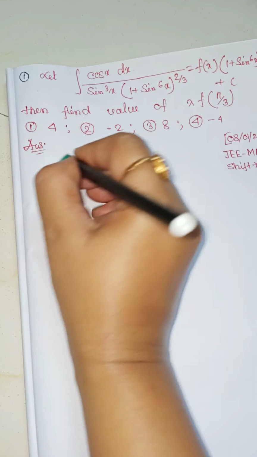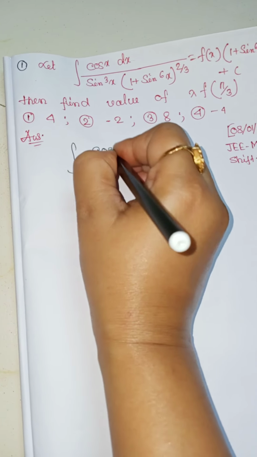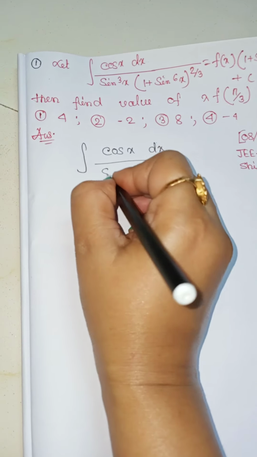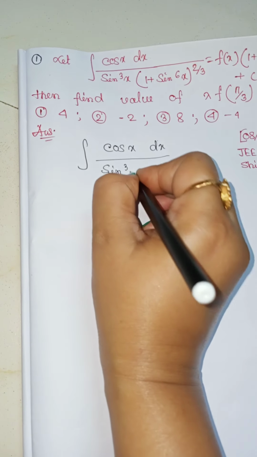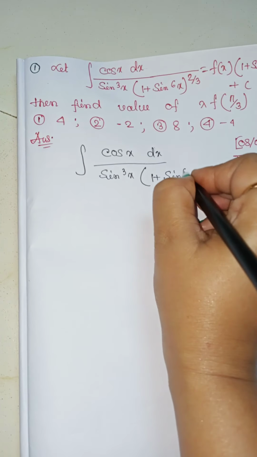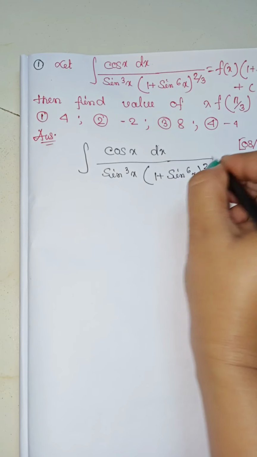So on the left hand side we have the integration of cos x dx divided by sin cube x into (1 plus sin to the power 6x) whole to the power 2 by 3.